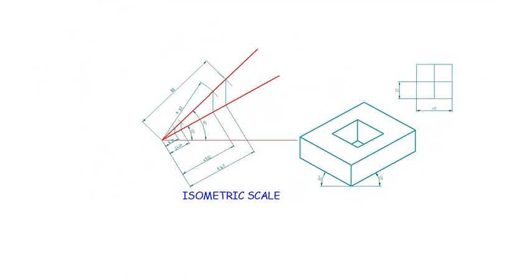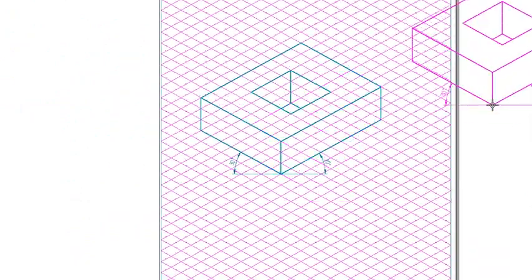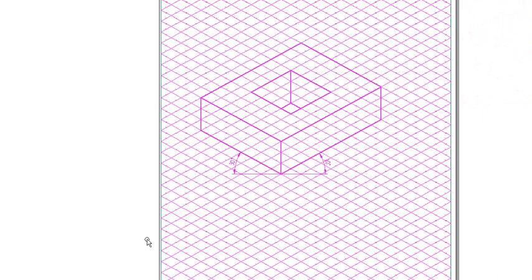If you don't have the sheet, you can make use of the isometric scale. Otherwise you can just directly count the number of boxes and draw it. Even if I keep it, it is going to fit exactly the same way. So hope you understood how to draw it. Have a good day.